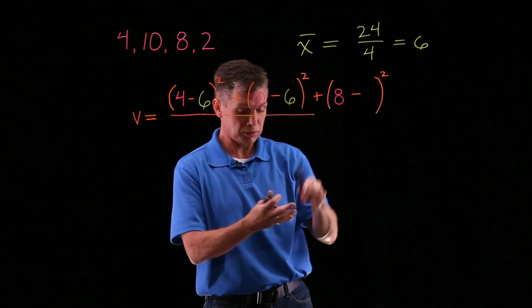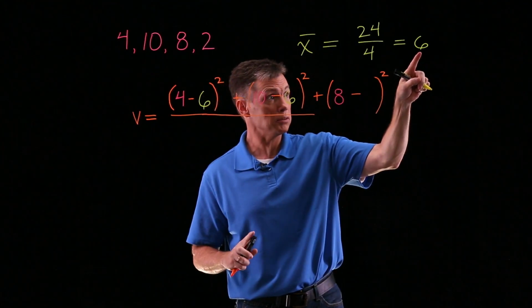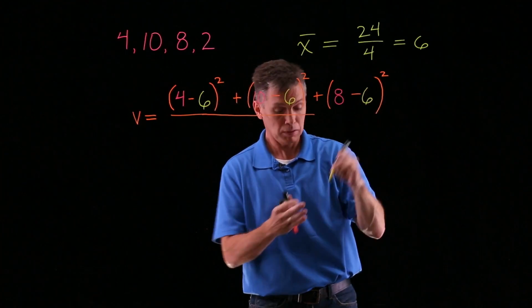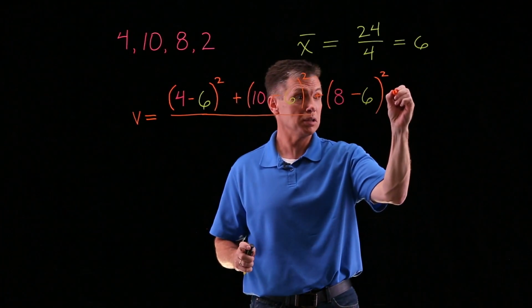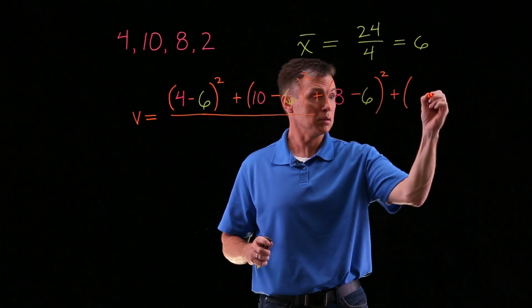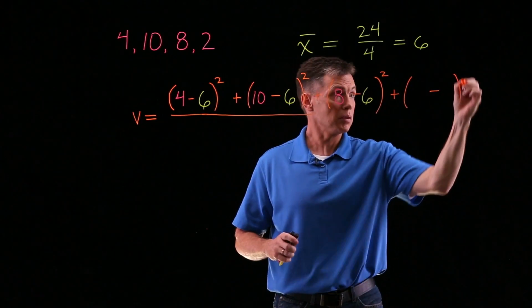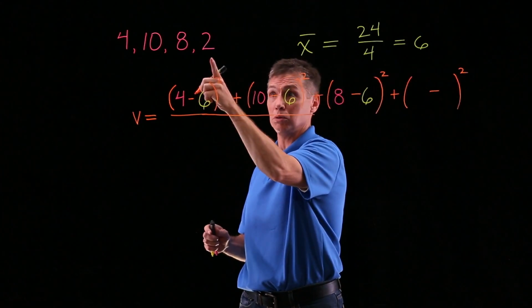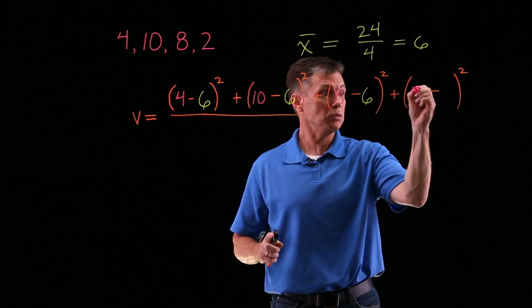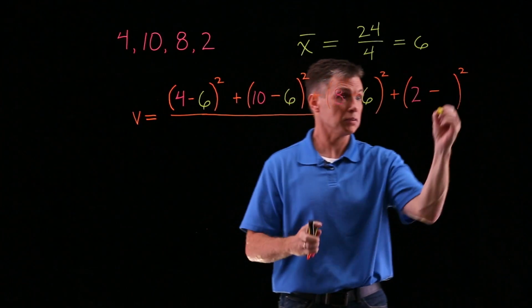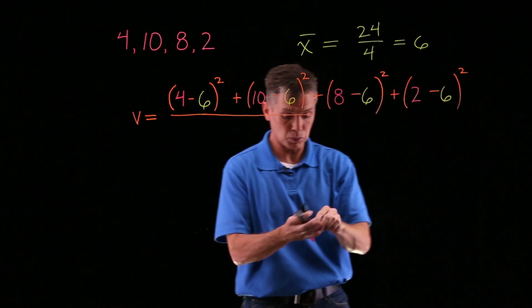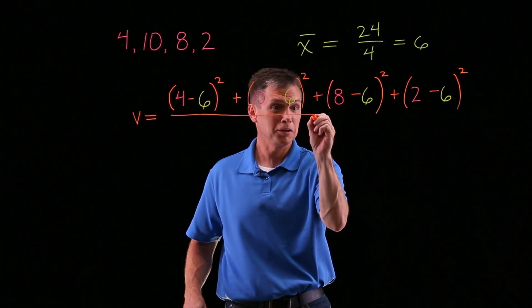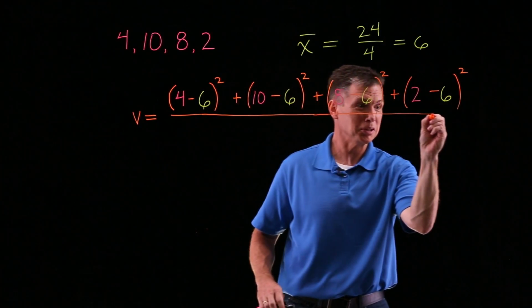Keep subtracting that same value for the mean, in this case 6, and I think I have one more data point to go, which was my 2, right? So 2, subtract the 6, and then squared. All right. I think I'm done with my color coding.